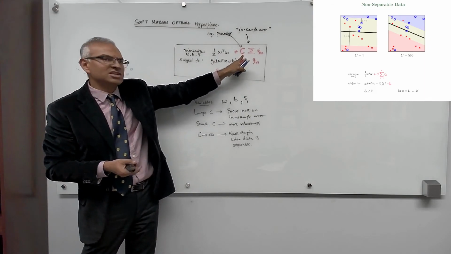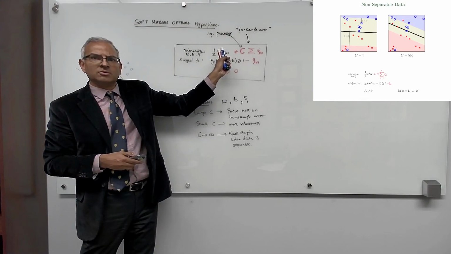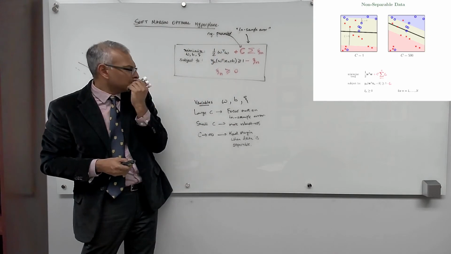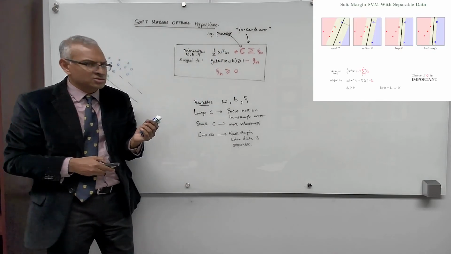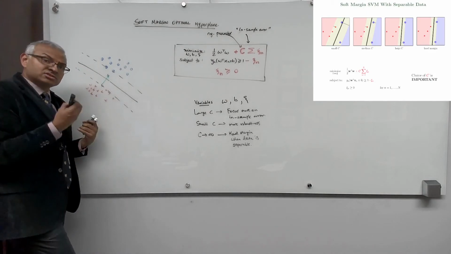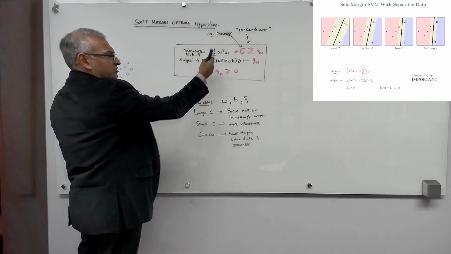So the choice of C is important, and it trades off in-sample error with the thickness of the hyperplane, robustness to measurement error, regularization. Here's the situation when the data is separable. Just like what we just illustrated, you can still choose C not infinity, so you can still use the soft margin hyperplane.